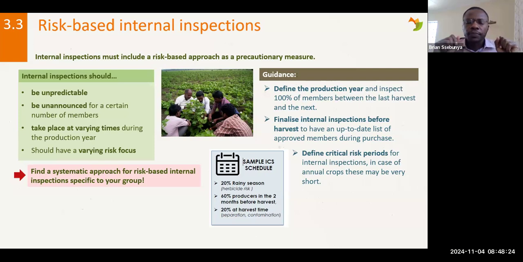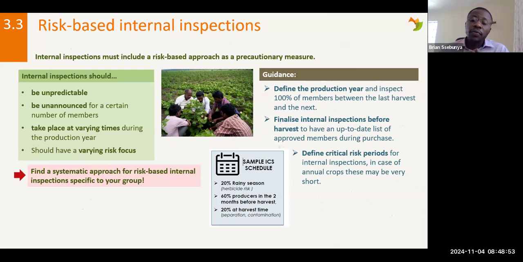If it is at flowering, because of a lot of pests, then you do your inspection around that time. Again, it's risk-based. When should you do it? And sometimes you can also stagger it. So you do a visit at planting, do another one at flowering, whatever. Maybe one is enough. Again, the risk will determine.